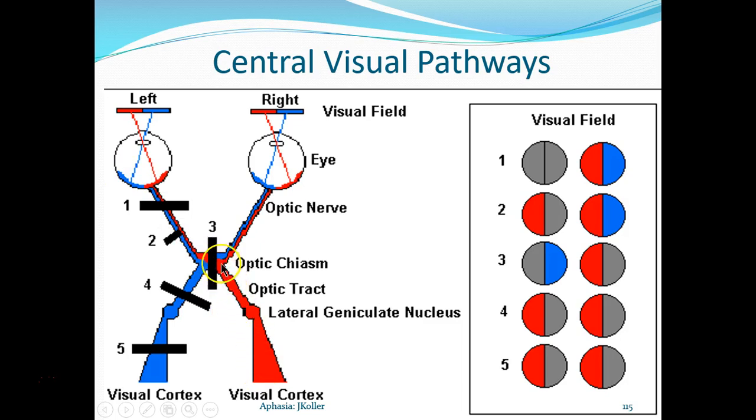The right optic nerve, which goes this way, is behind the right side of the left eye. So we actually have representation from both the left and the right visual cortex in the left eye. In the posterior part, the back part of it, the left is on the left, the right is on the right. That all makes sense.